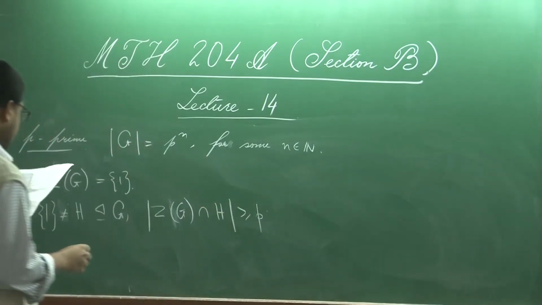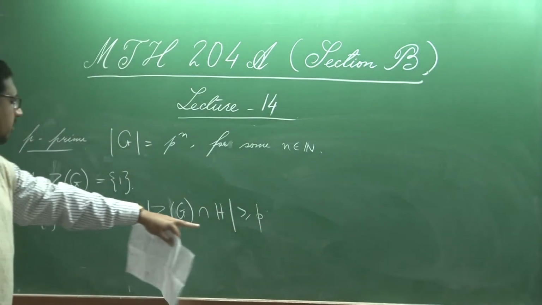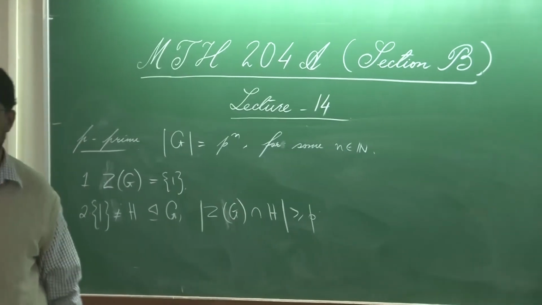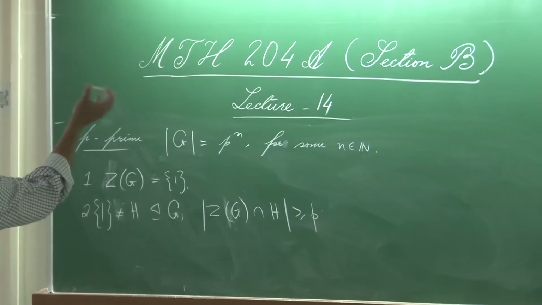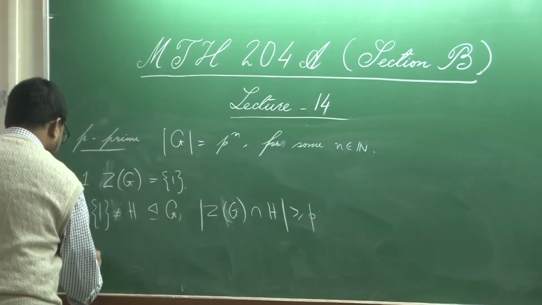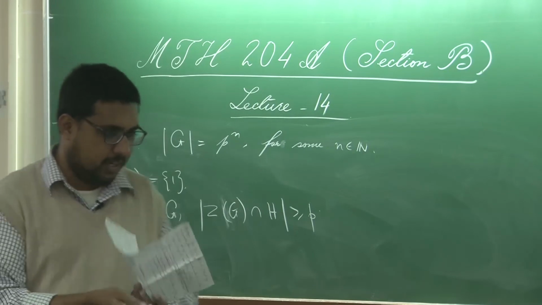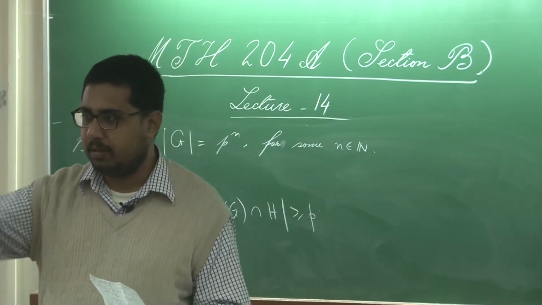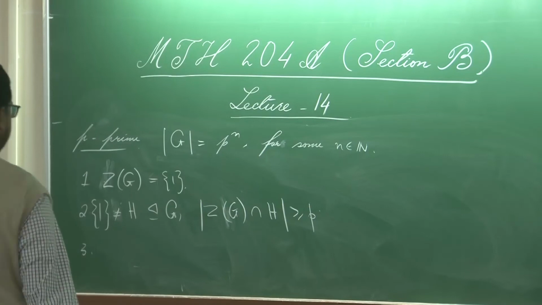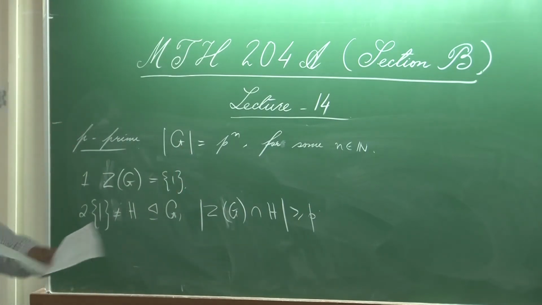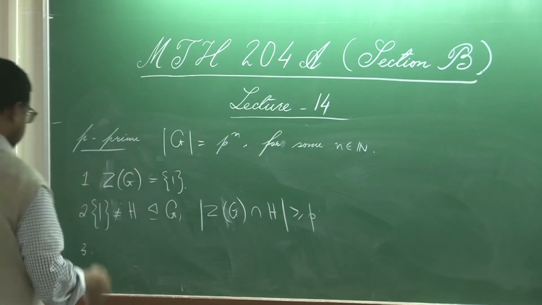In fact, the order is at least P. In particular, when H has order P, then H will be contained in the center. We have also proved a generalization of that for any group: if P is the smallest prime dividing the order of G, then any normal subgroup of order P is contained in the center.